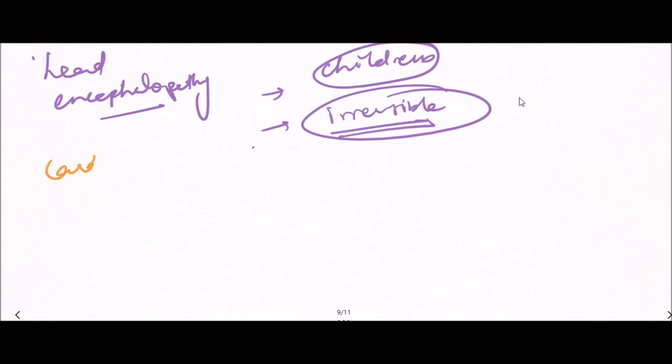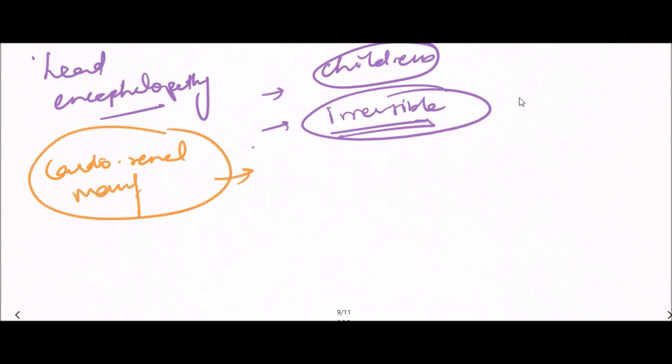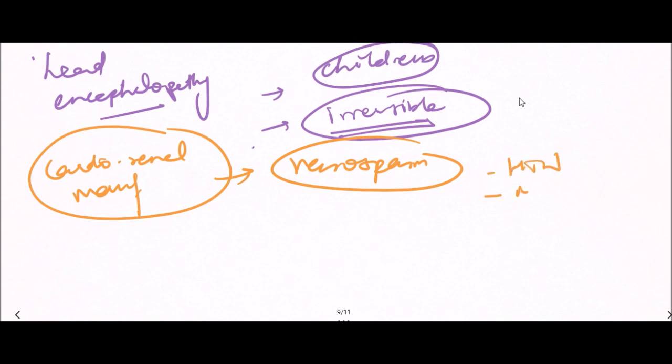Now various cardiorenal manifestations. As we have just discussed, lead causes vasospasm, so that's why there is hypertension and nephritis, kidney damage. It causes cardiac as well as renal damage.